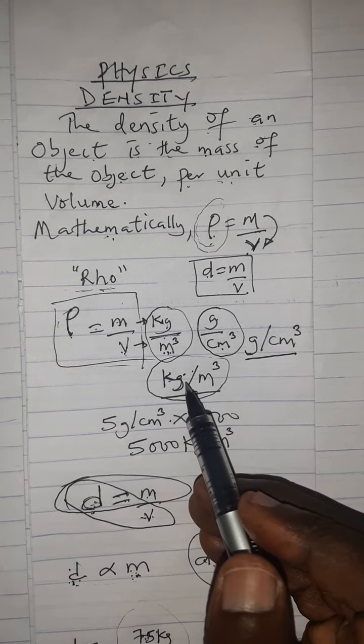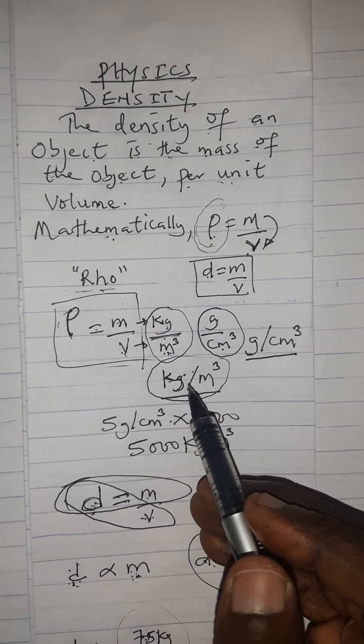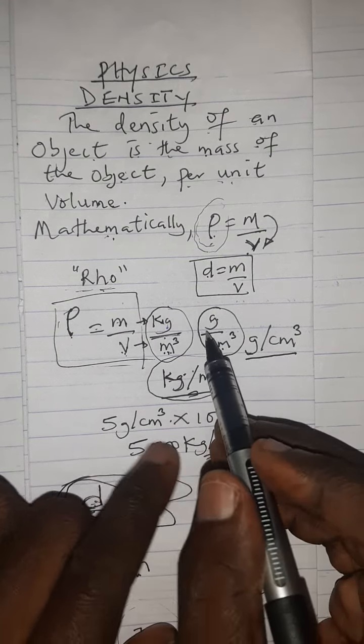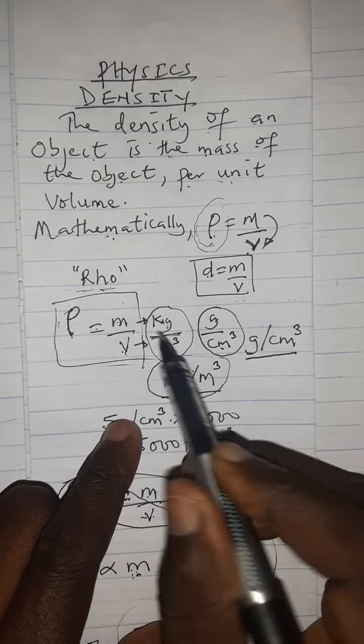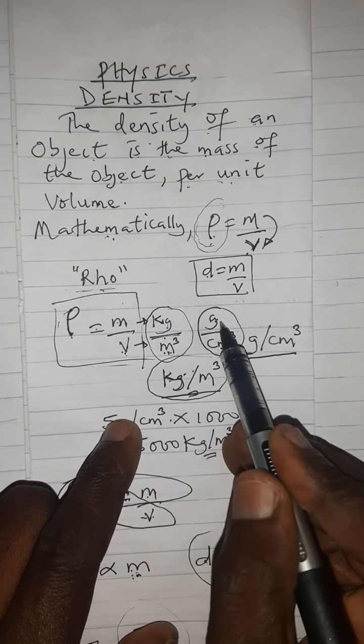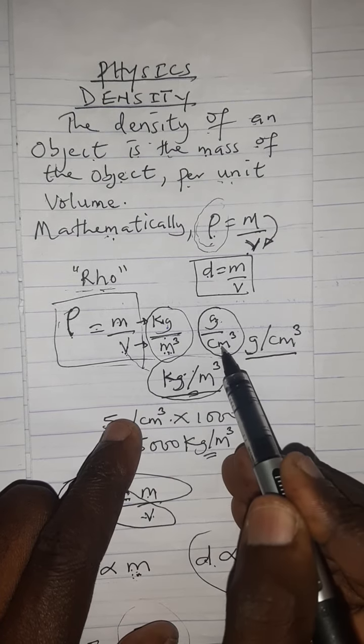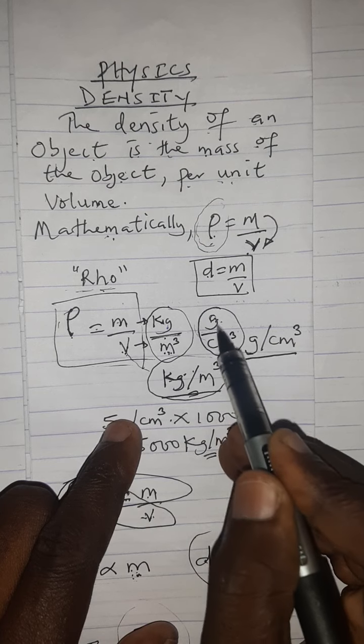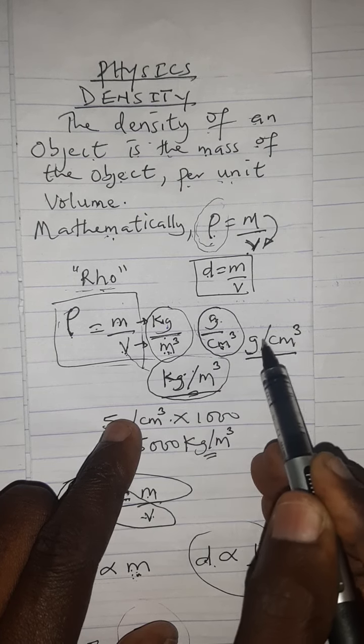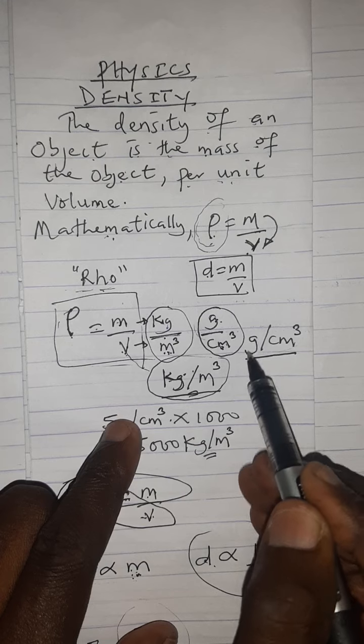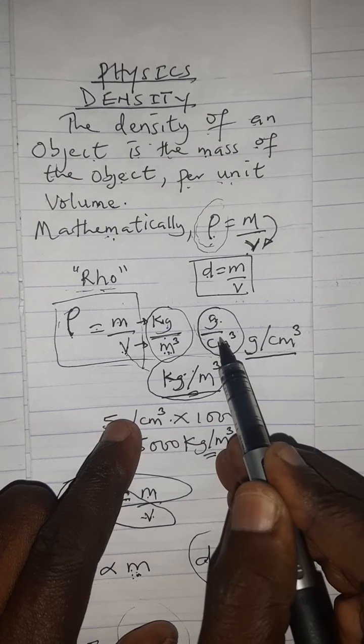But in a laboratory, the results might come in gram per centimeter cube. That means the mass might be in gram and the volume in centimeter cube. So you end up having gram per centimeter cube, which can be written this way also, still the same as this one.